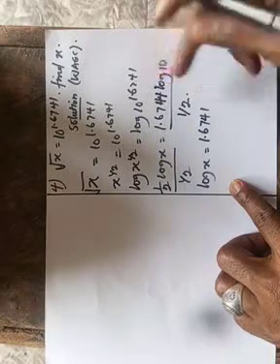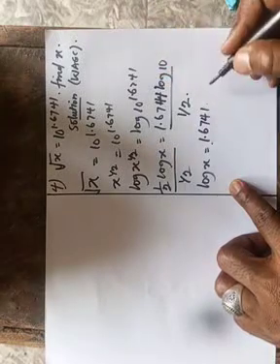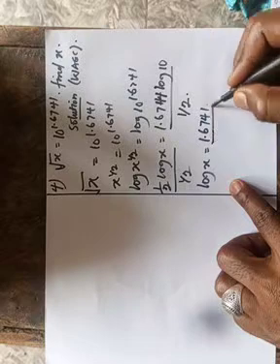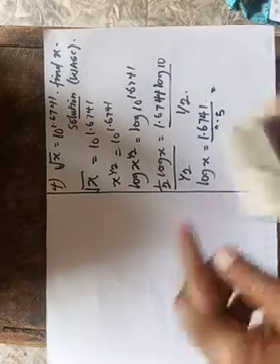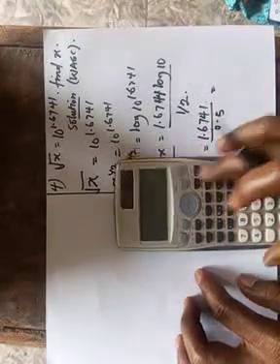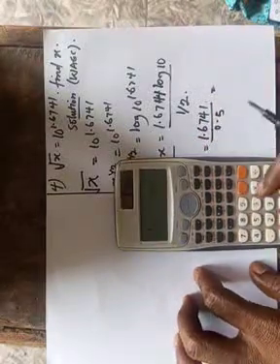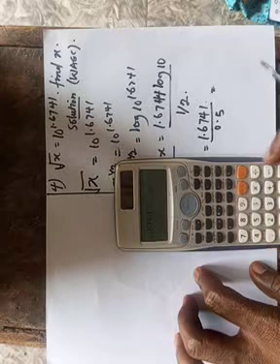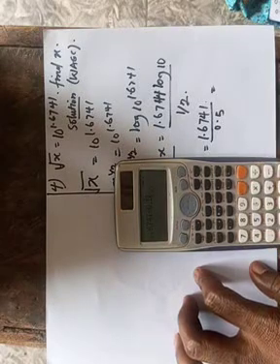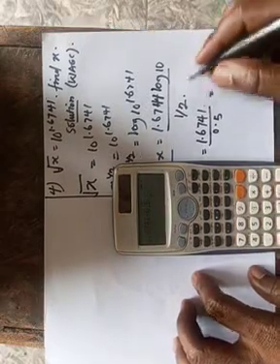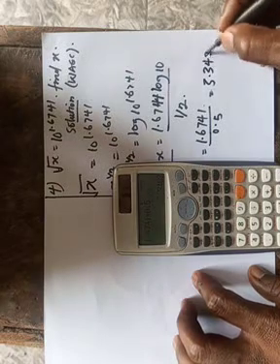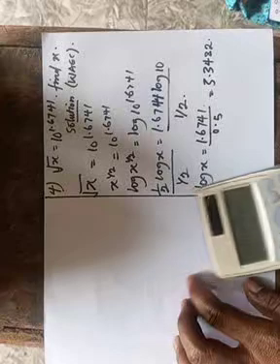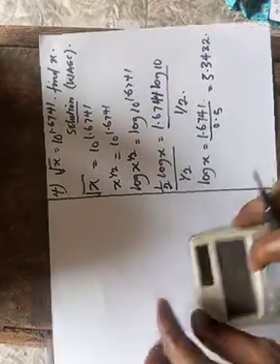Log 10 is 1. Then this multiplied by 1 is this. So we say divided by 0.5, which equals, let's do the division. 1.6741 divided by 0.5 will equal 3.3482.